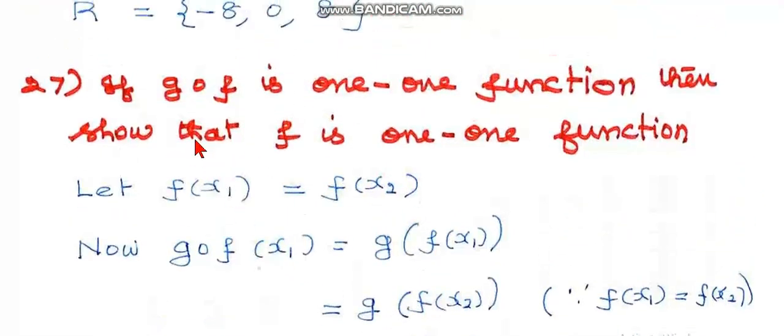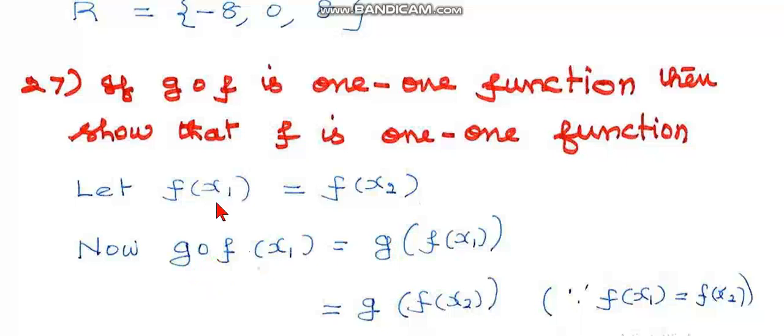Let me repeat. Given g dot f is a 1-1 function, we have to show f is 1-1. Since we have to show f is 1-1, we take two elements x1, x2 such that f of x1 equal to f of x2. We will try to show x1 equal to x2. Let us start. G dot f of x1 is g of f of x1.